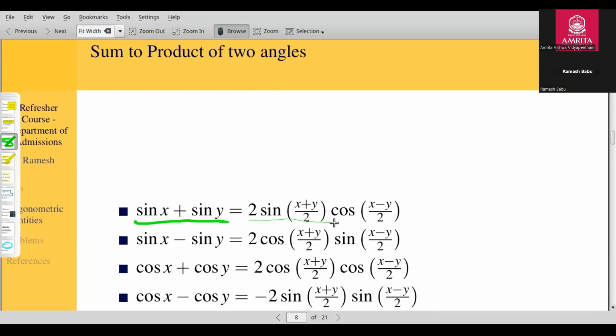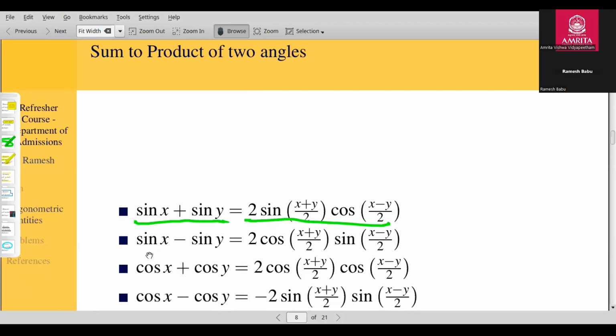So this first one can be taken from sine of x plus y and cos of x minus y. You can apply this formula, and get it from the previous identity. I can write sine x plus sine y is equal to 2 times sine of x plus y by 2 cos of x minus y by 2.